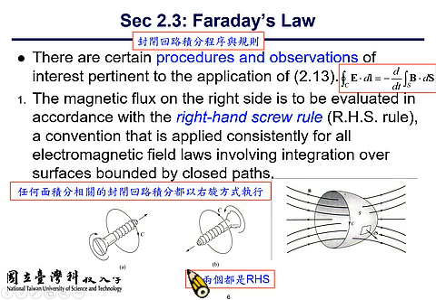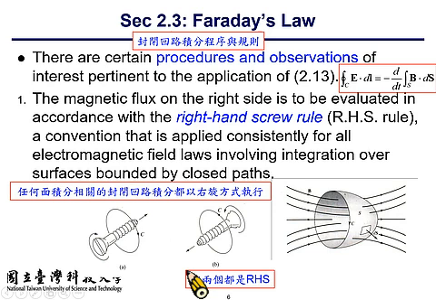Well, at least this is the positive direction. If the flux is passing through this surface from left to right, then the sum of the flux is positive, and vice versa. If the flux is going from right to left, then the total sum of the flux is negative.